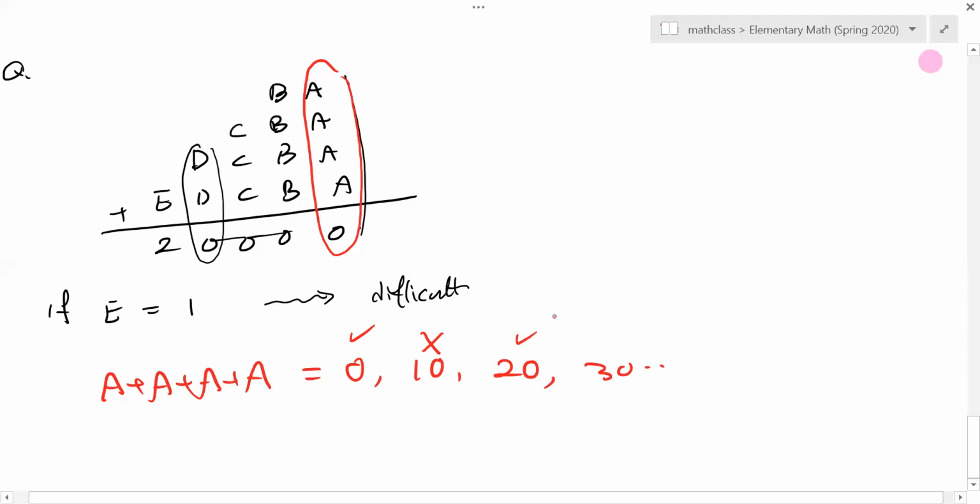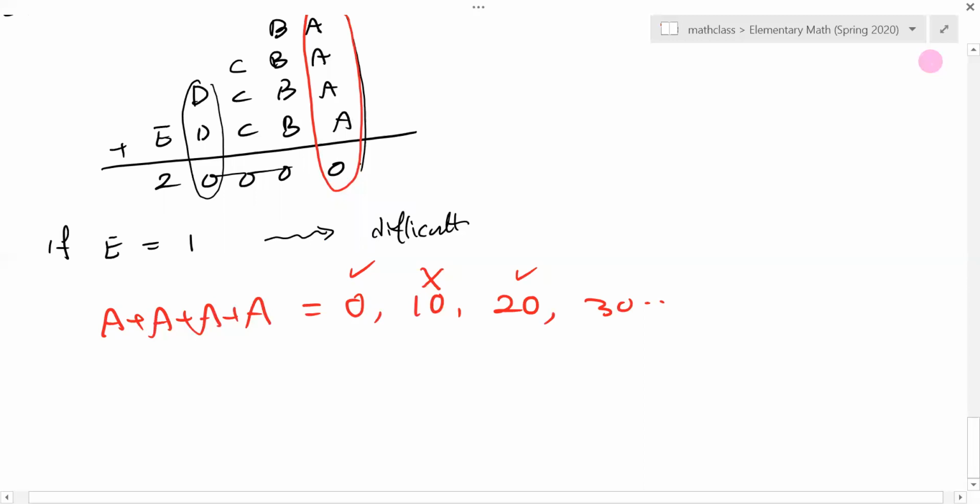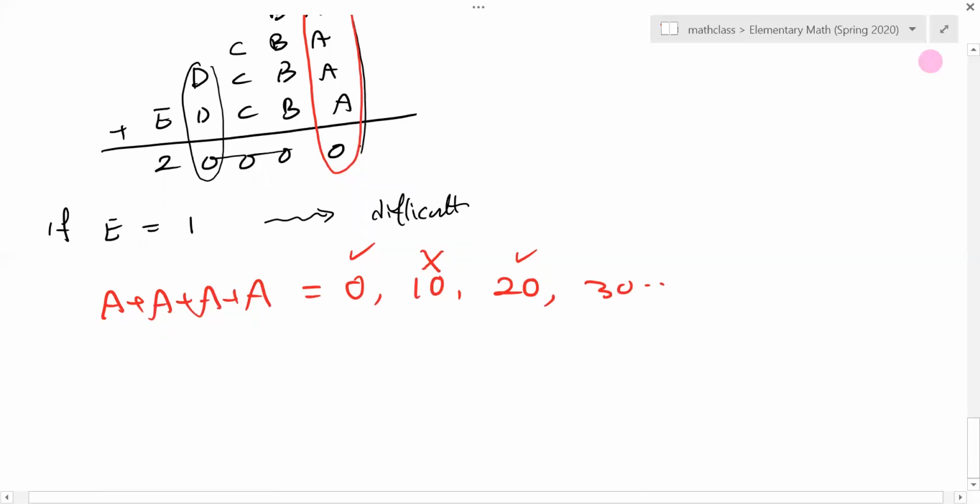And the 30 is not possible. 40 is not possible. So that's only 2 possibilities here. So you have to divide. Then you try. Once you figure out A, then you can get B, then you get C. So you have to figure out whether A is possible or not.